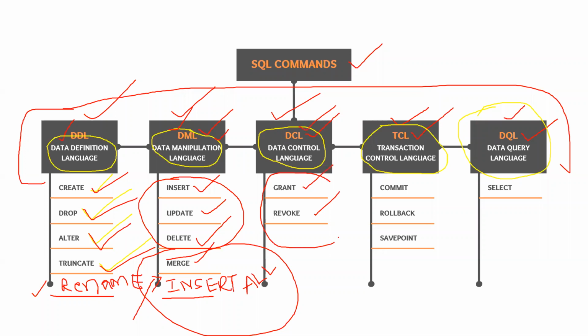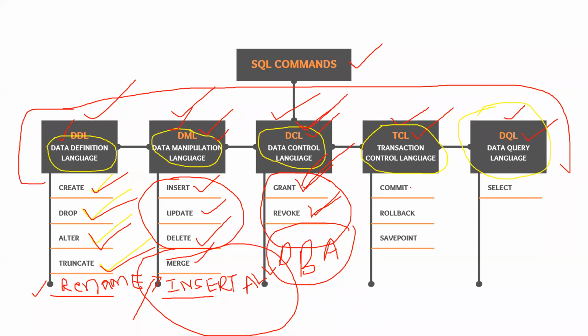These are used by the DBAs because they take care of access issues. If they want to grant access, they use grant. If they want to remove access, they use revoke. These we can also discuss later.